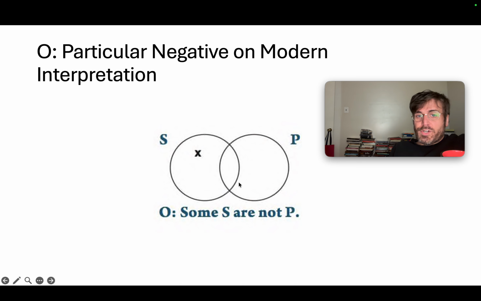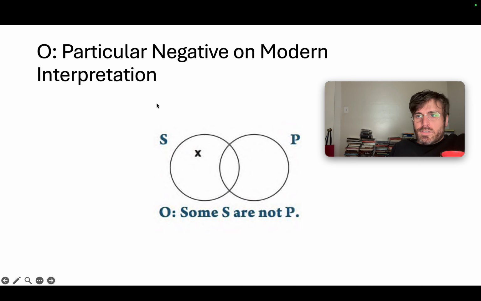So it can't go in region 2, where subject and predicate overlap, and it can't go in region 3, because that would indicate membership in the predicate group to the exclusion of the subject group. So the O proposition has to put an X in region 1. That is how we indicate our O propositions: an X indicating the existence of one particular in the subject class that is excluded from the predicate class.